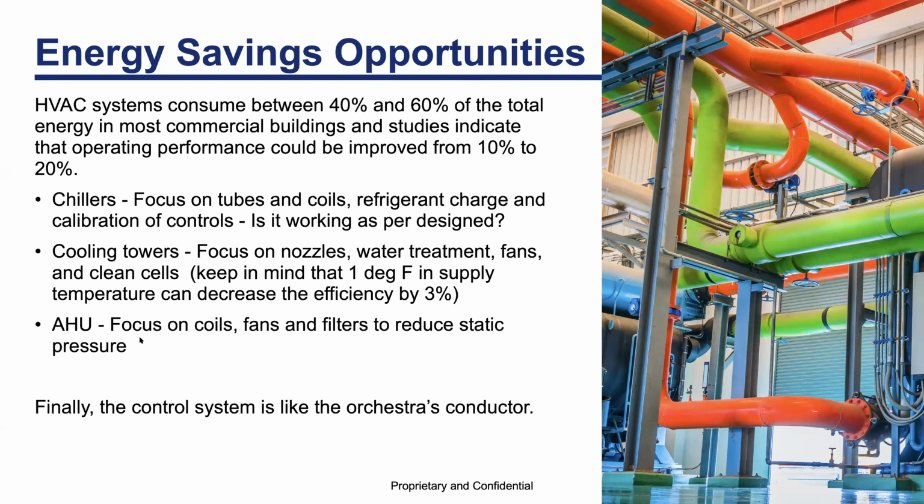Chillers, for instance, refrigerant charge. Equipment is very sensitive concerning refrigerant charge, and depending on the compressor type, one is more sensitive than the other. Keeping the controls properly calibrated and adjusted. Centrifugal chillers, capacity control and speed control for variable speed compressors.